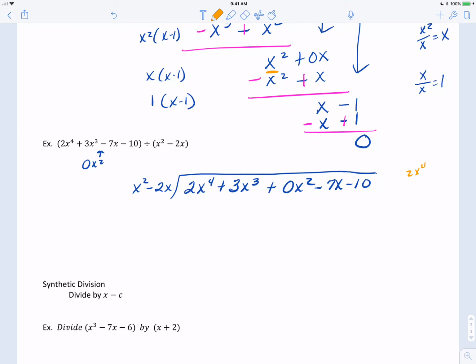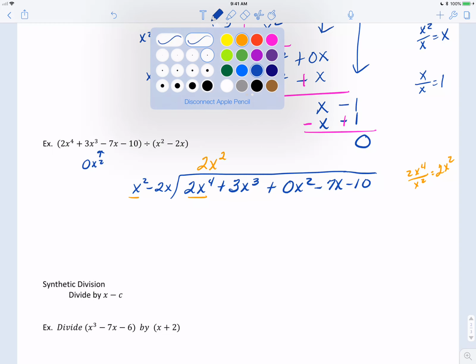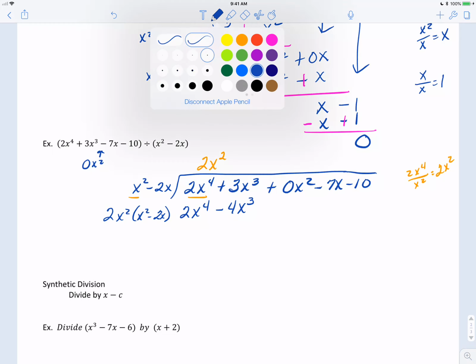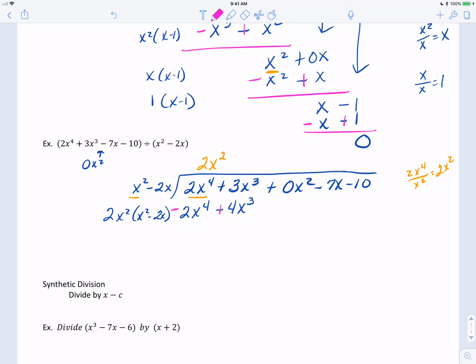So 2x to the 4th, trying to match these terms, leaves us with 2x squared. Multiply. So that's 2x to the 4th minus 4x cubed. Change our signs, draw the line.